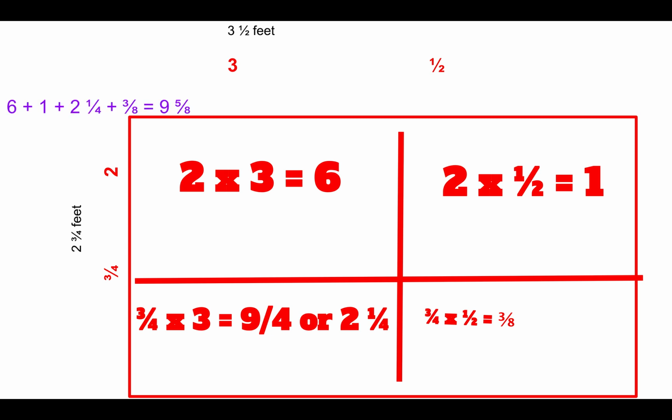And then we just add them up. So we do 6 plus 1 plus 2 1/4 plus 3/8. So you'll notice to get my answer, I had to add fourths and eighths. You'll need to use that equivalent fraction strategy we've been practicing, where you turn your fourths into eighths in order to add them up with these eighths.